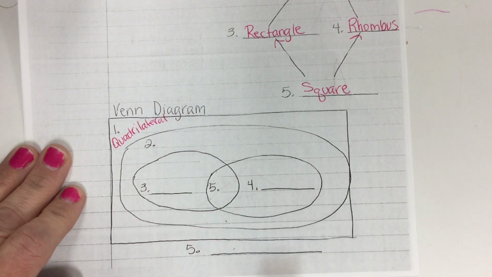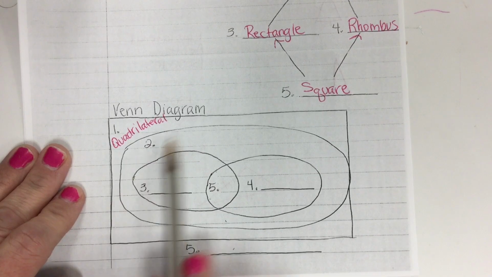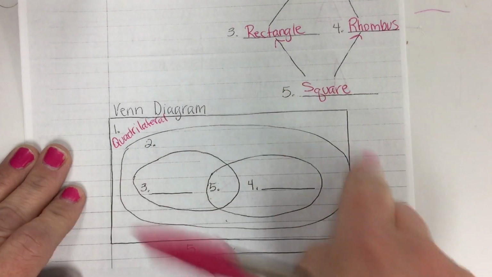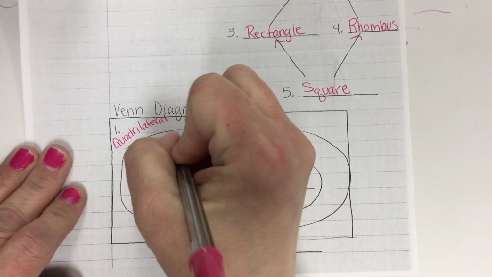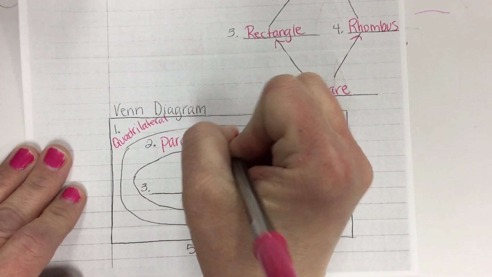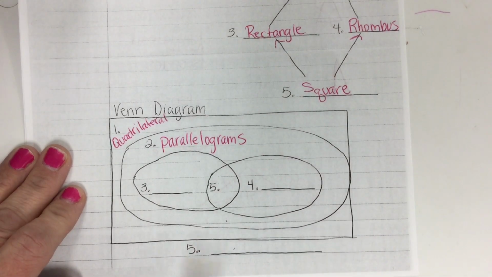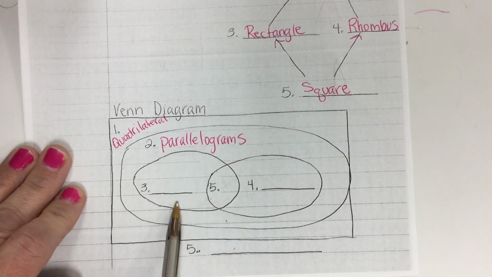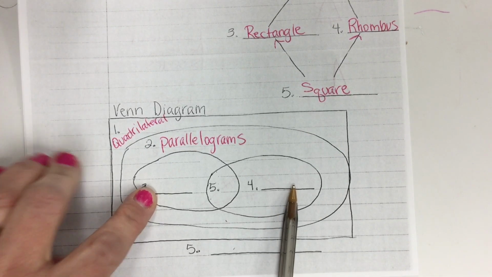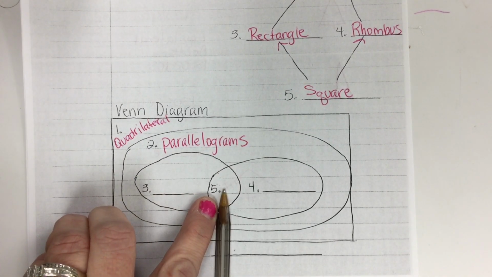So if this whole thing is quadrilaterals, what comes next? That means all of these inside of this oval are parallelograms. And then this circle is independent. And then here is where they share.